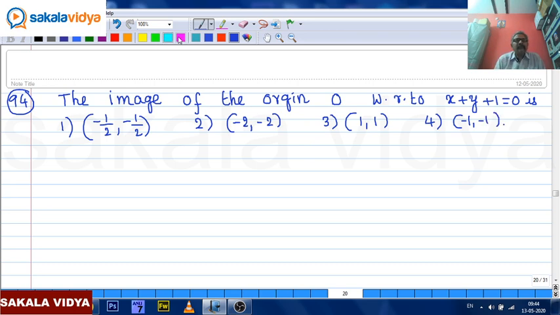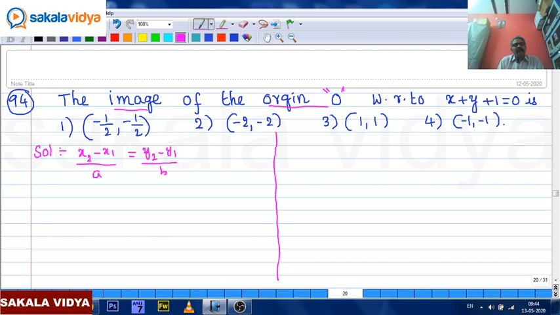The image of the origin means 0 comma 0 with respect to the line. So, two methods, let us do first method and second method. First method is the formula method. Solution: (x2 minus x1) by a equals (y2 minus y1) by b equals minus 2 times (ax1 plus by1 plus c) upon a square plus b square.